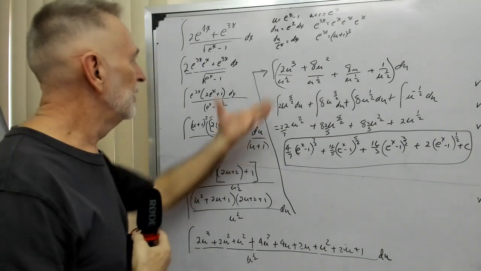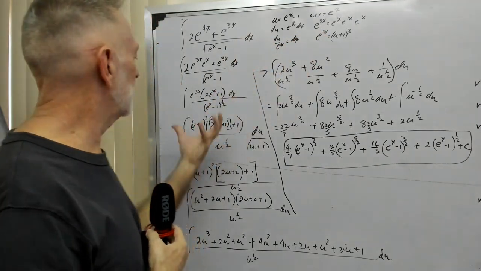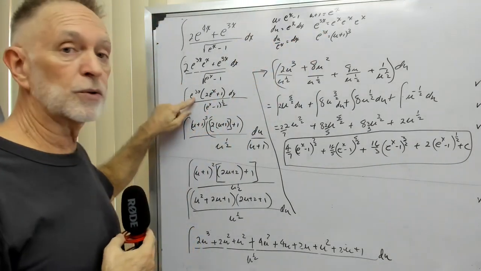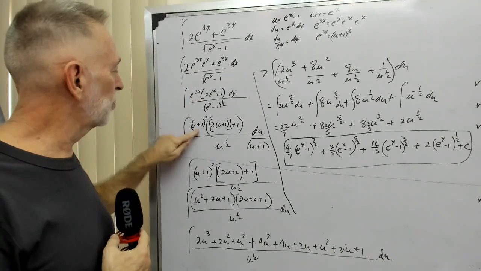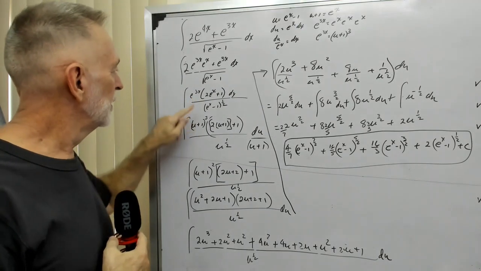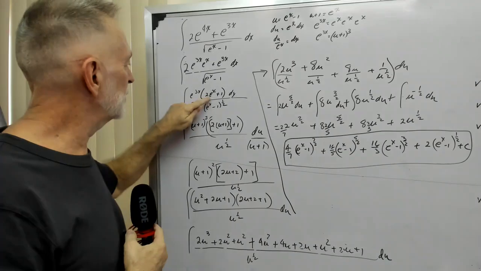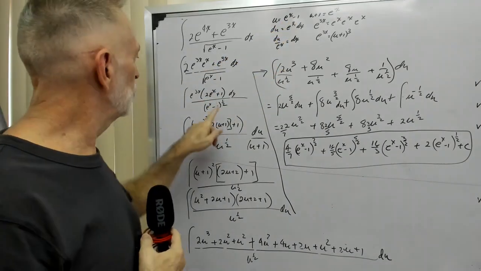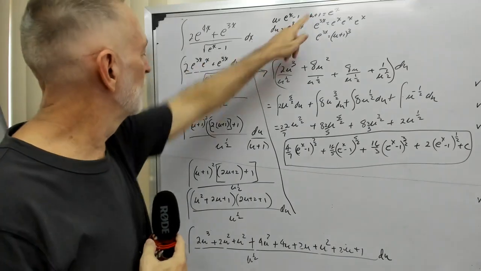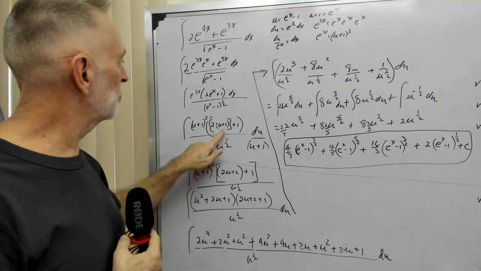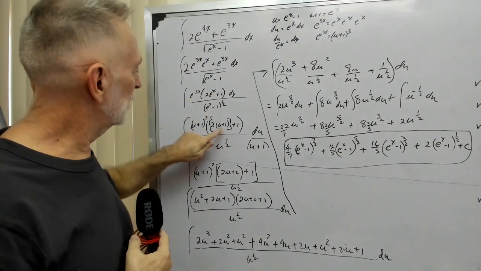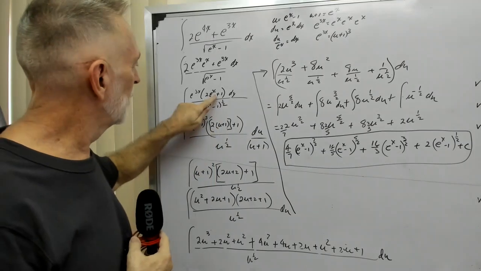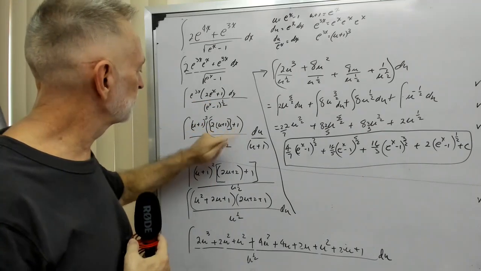Now then, let's take that information and begin plugging in. This e to the 3x here is u plus 1 cubed. Now I have 2 times e to the x, and e to the x is u plus 1. So 2 times u plus 1, that's a parentheses u plus 1, plus this 1 here.